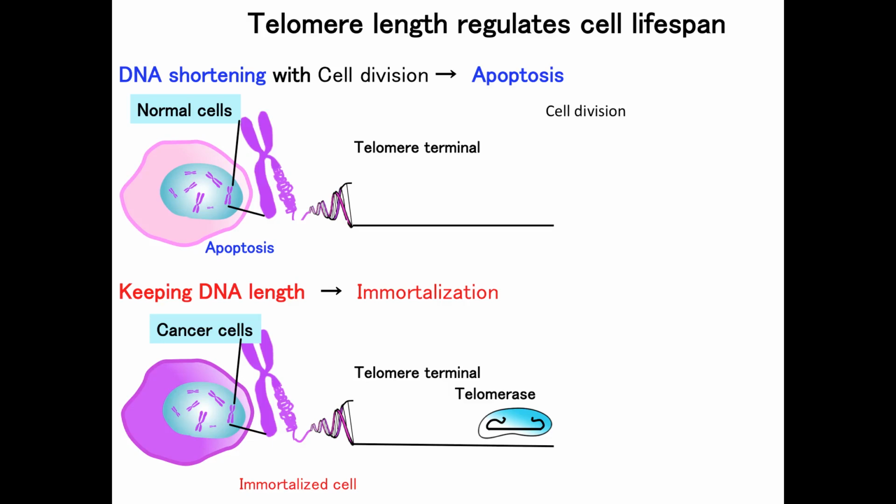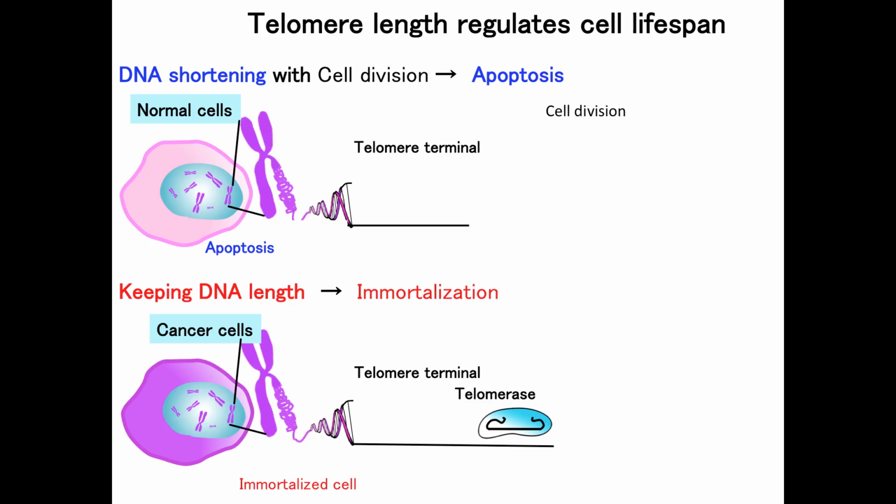G quadruplex is very important for controlling the telomere length. This is the relationship between the telomere length and cancer cells. In the case of a normal cell, the telomere length is shortened, and it results in apoptosis.